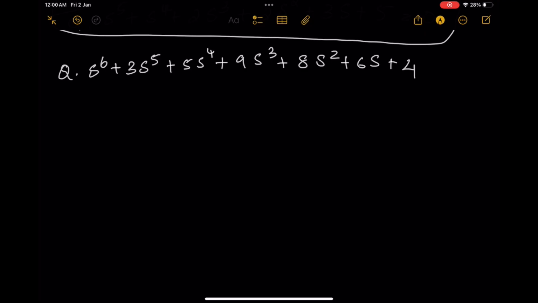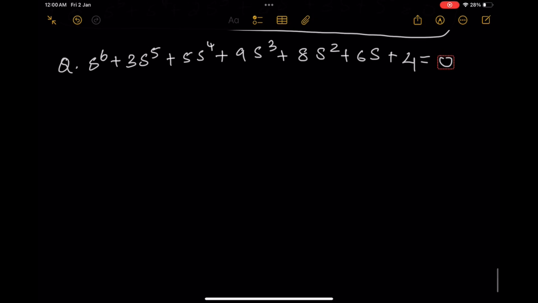I have given a characteristic equation, and now I'm going to solve it. It is also a different kind of problem from the one we have done earlier. So I'm going to write s raised to 6, s raised to 5, s raised to 4, s raised to 3, s square, s raised to 1, s raised to 0.